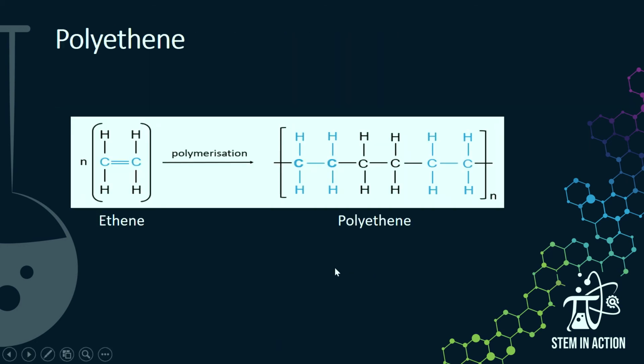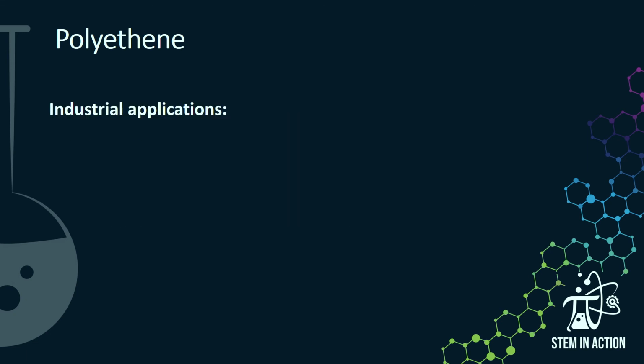So this is simply the addition reaction of polyethylene, starting from ethene to polyethylene, and we're now looking at some of the applications of addition polymerization. So industrial applications.